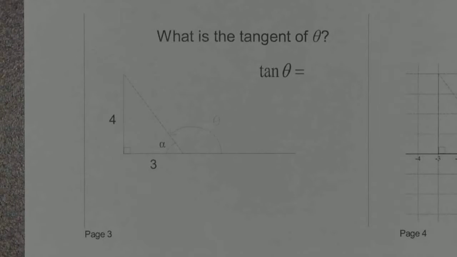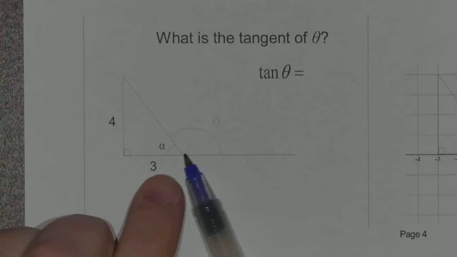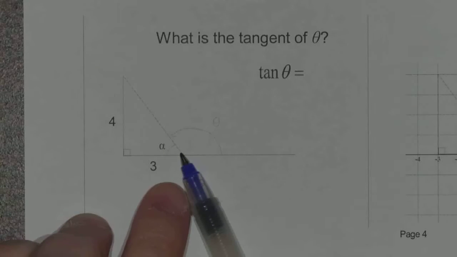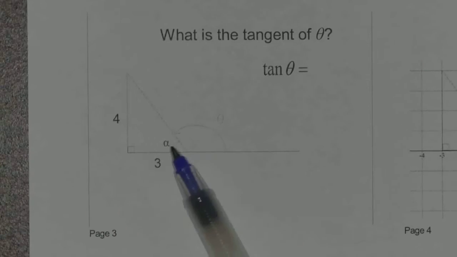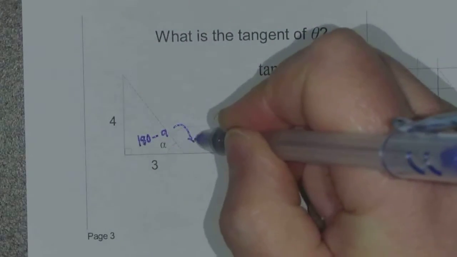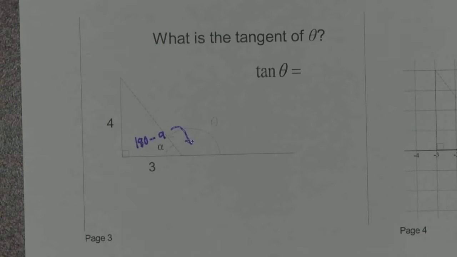So this angle over here instead. Does anybody know what angle this would be? It would be 180 minus that one, right? To get this angle over here, it would be 180 minus that.